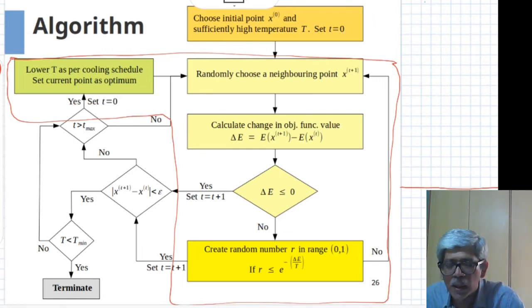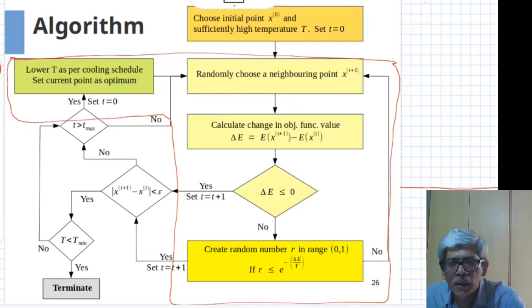So this is the outer loop where you successively keep on reducing the temperature, and as the temperature reduces, the movement of search space, or the freedom of search space, keeps on shrinking. So that is something which is similar to the physical annealing process.